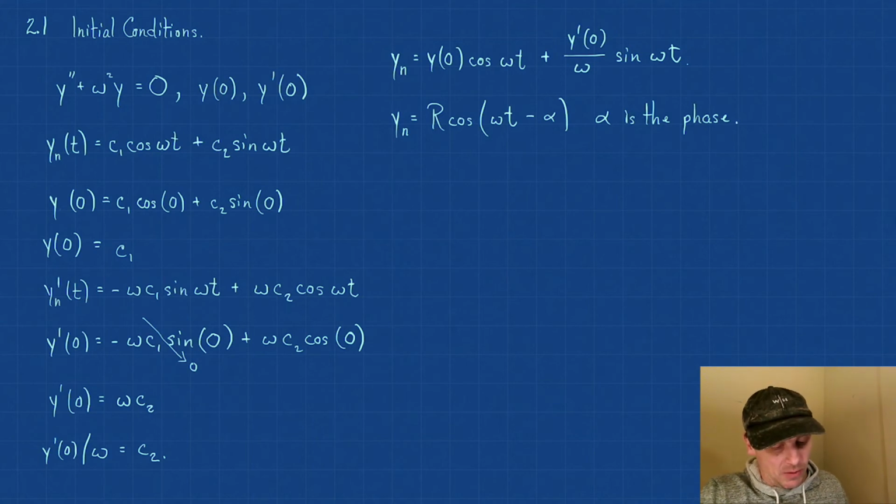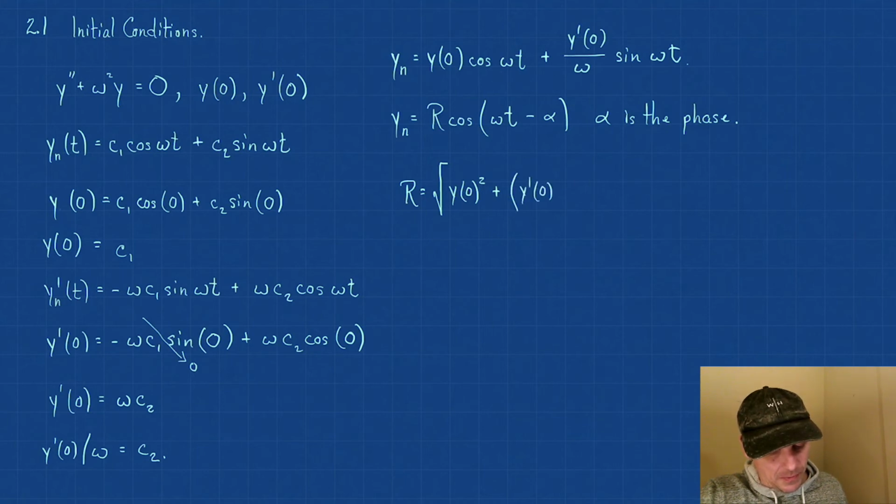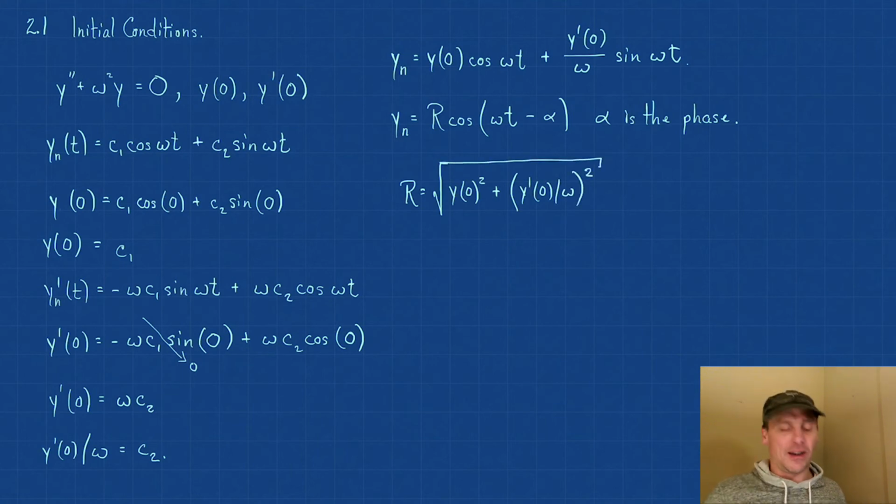Well, if you recall, r is equal to the square root of y of 0 squared plus this next one, y prime of 0 divided by omega, that whole quantity squared. And that is r. Then our final step is, what about alpha?